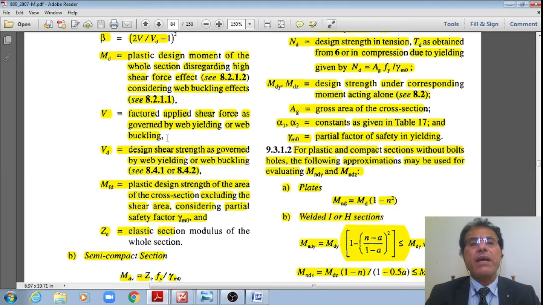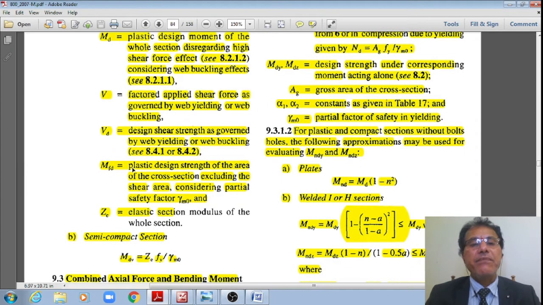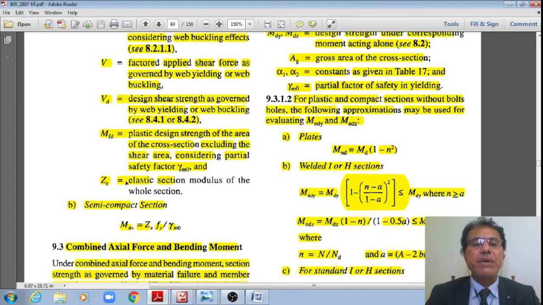V is the factored applied shear force as governed by web yielding or web buckling, right? Mfd is the plastic design strength of the area of the cross section excluding the shear area. Please make a note, considering the partial safety factor, and Ze is the elastic section modulus.